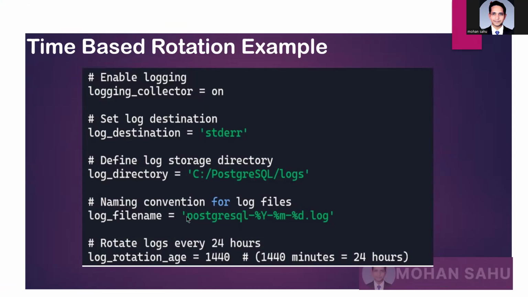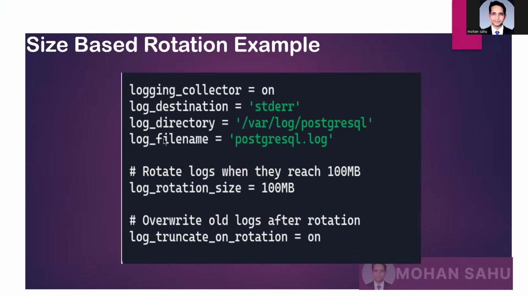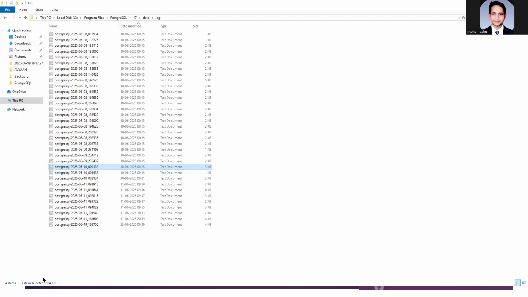For log_filename, we can define the format. For time-based, we can define that it should rotate every 24 hours or whatever time we give. For size-based, we can put in that after 100 MB this should be done. We can do that in our PostgreSQL config file.